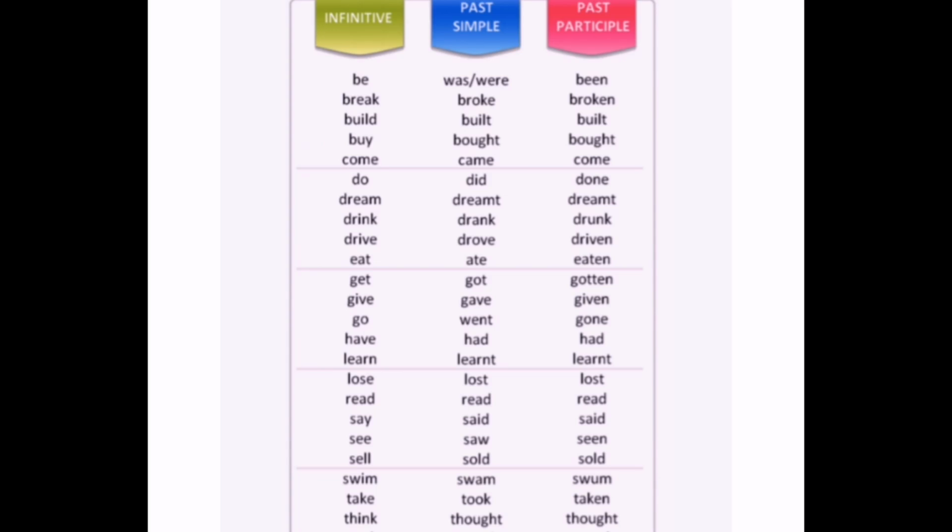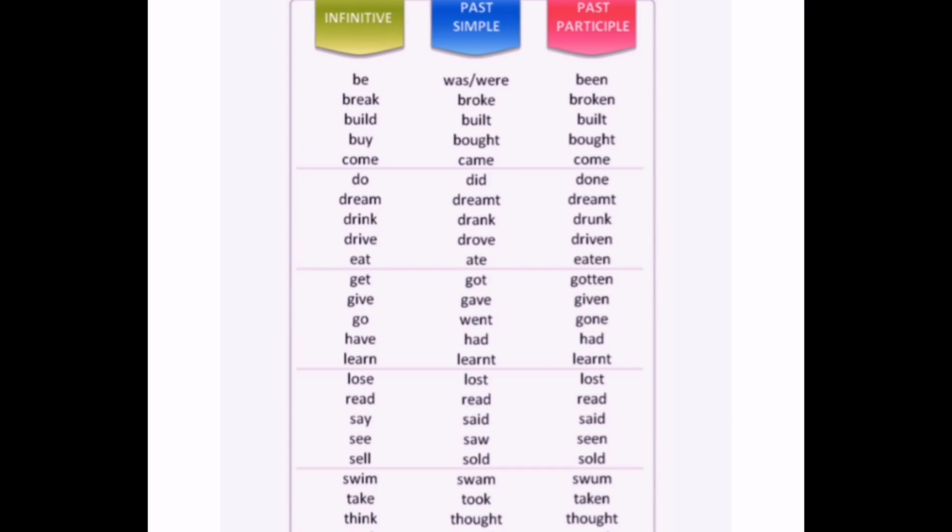Learn, learned, learned. Lose, lost, lost. Read, read, read. Say, said, said. See, saw, seen. Sell, sold, sold. Swim, swam, swam. Take, took, taken. And think, thought, thought.